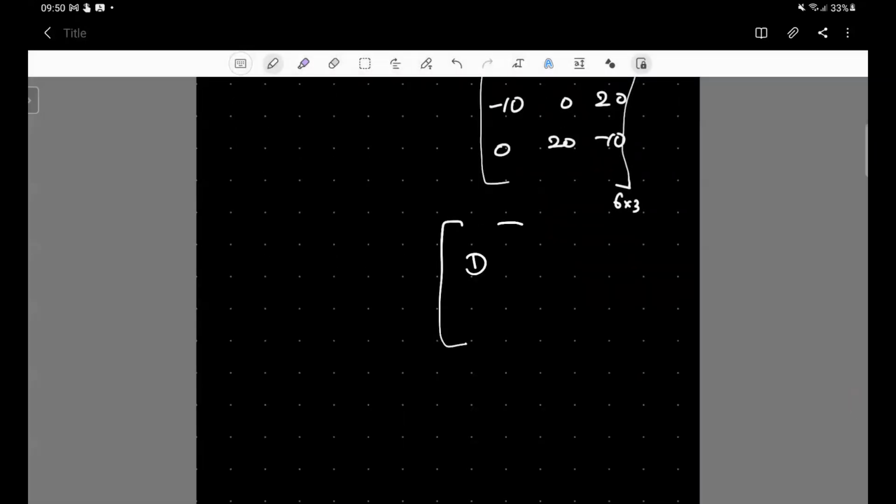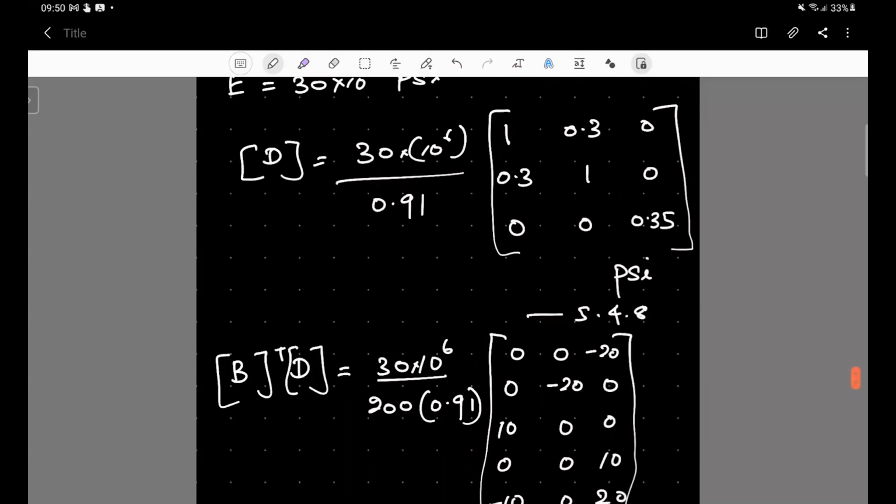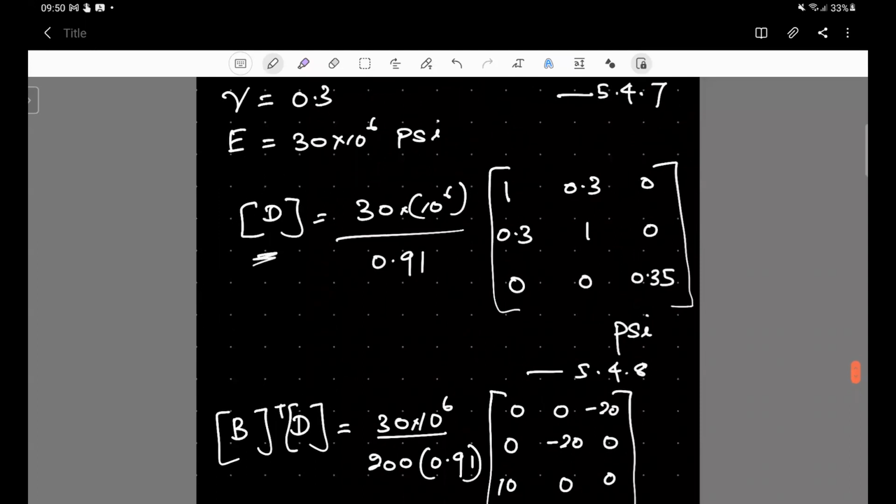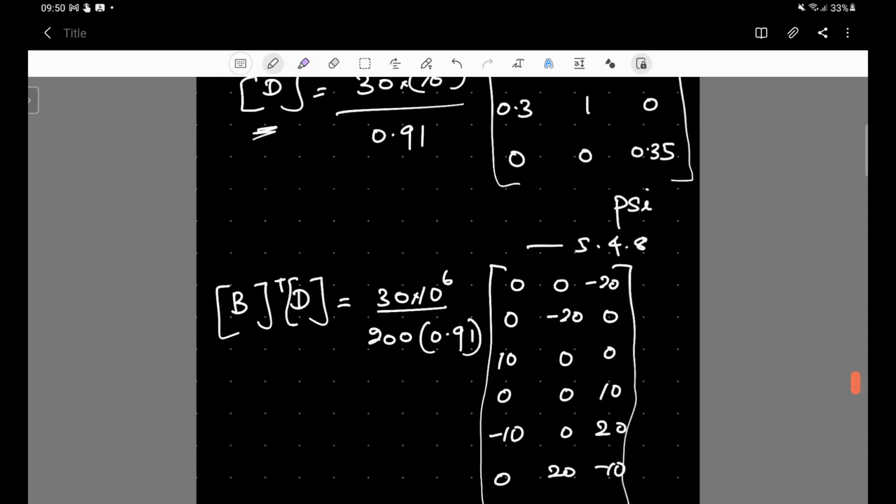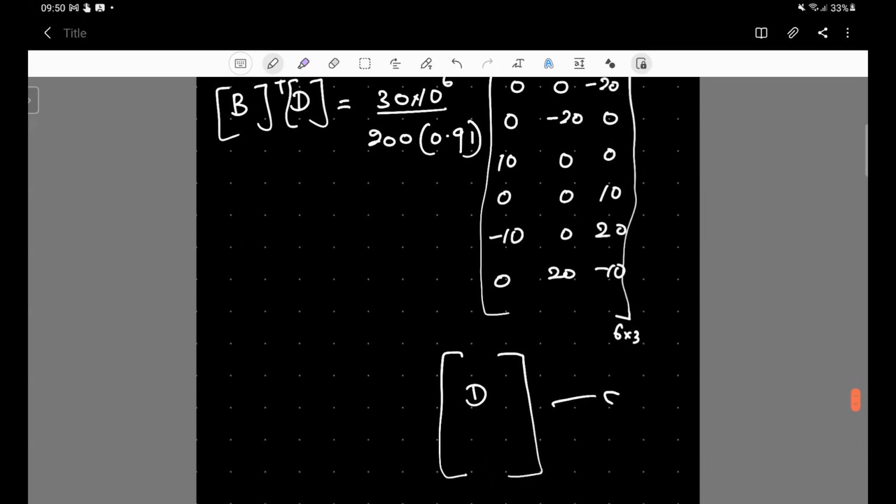I will not write down the D matrix again here. So you have to multiply it by the D matrix, which we just obtained. So let's call this 5.4.8, 5.4.9.